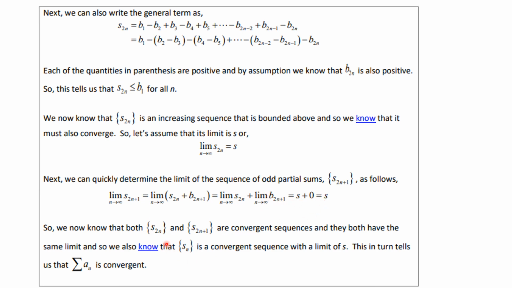So we know both S_2n and S_(2n+1), the evens and odds, are convergent sequences. So they both have the same limit. And so we know that this is a convergent sequence with limit of S. And that tells us that the summation of a_n is convergent. You want to spend some time thinking about this proof.